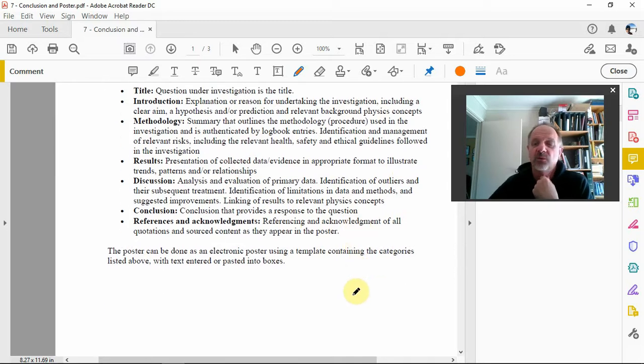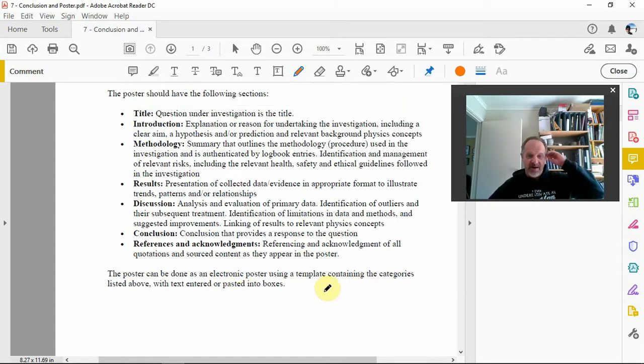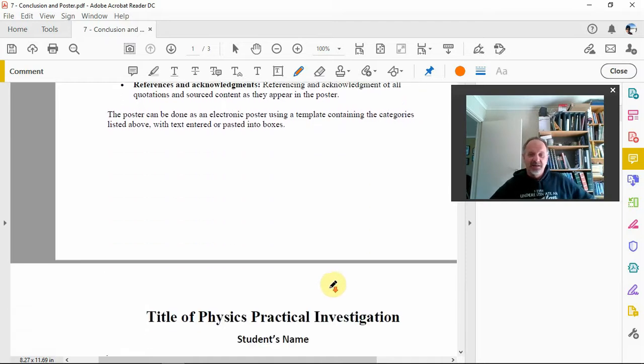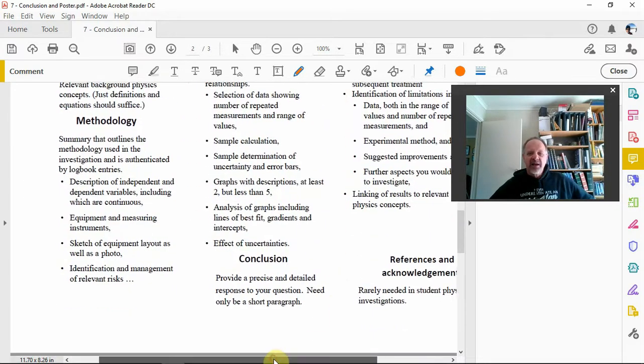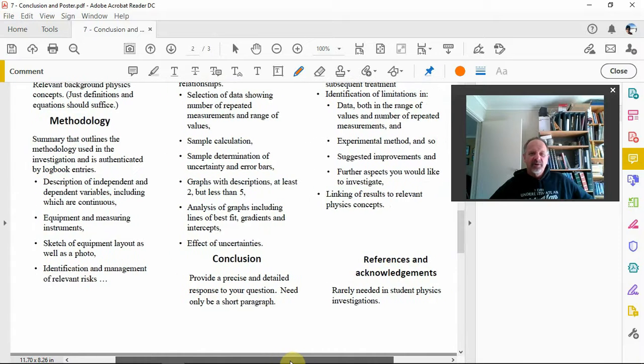And you can also do your poster electronically, or done by hand or whatever. This here is one example of what a poster would be like.